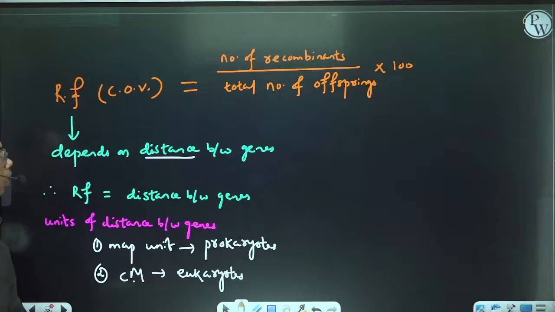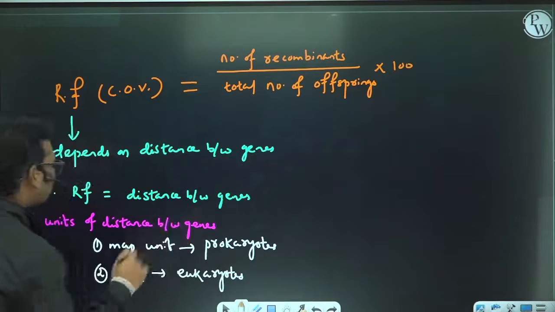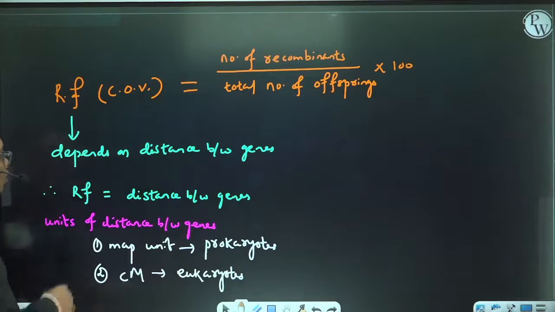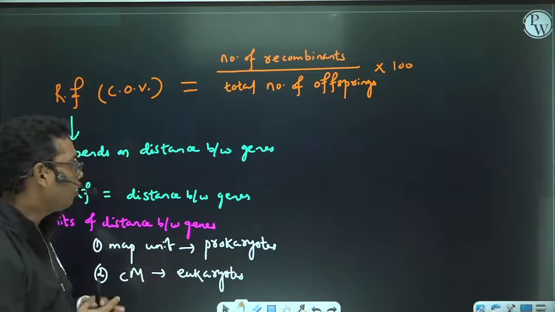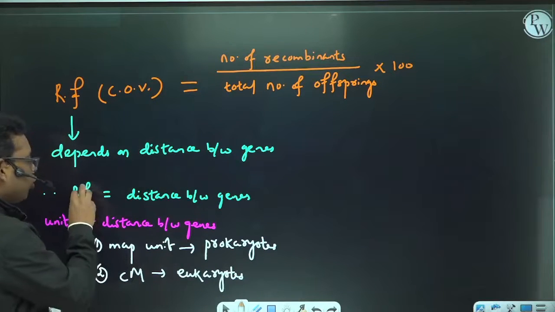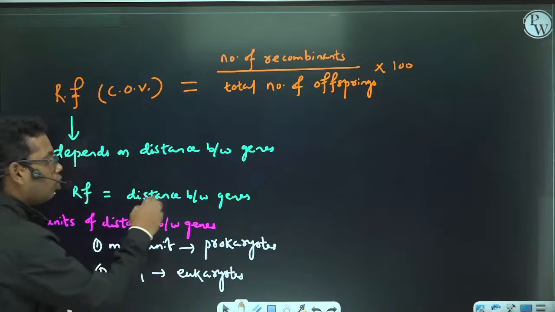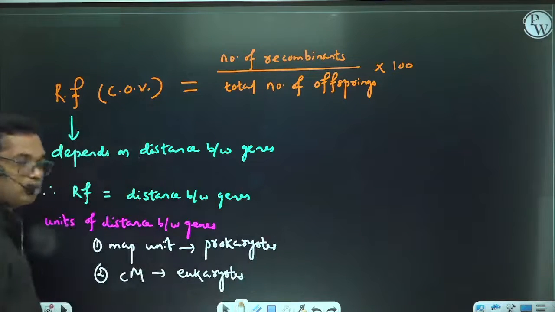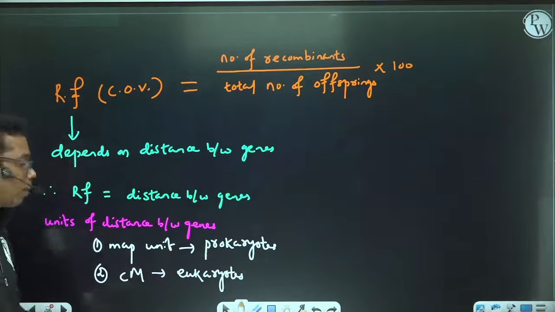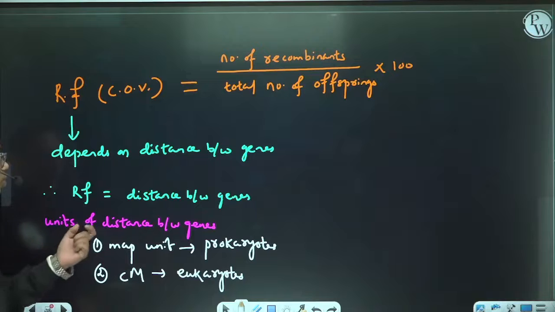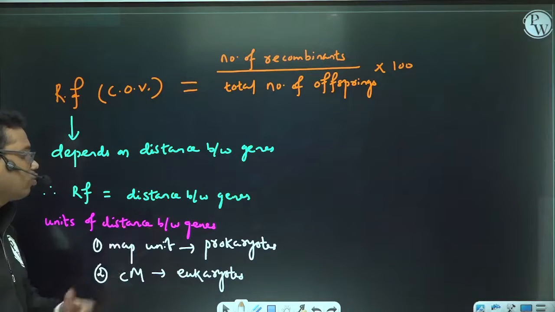While constructing the genetic map, we assume that the value of recombination frequency is equal to the value of distance between the genes. When we construct a genetic map, a chromosomal map, we use different units for the distance between genes.